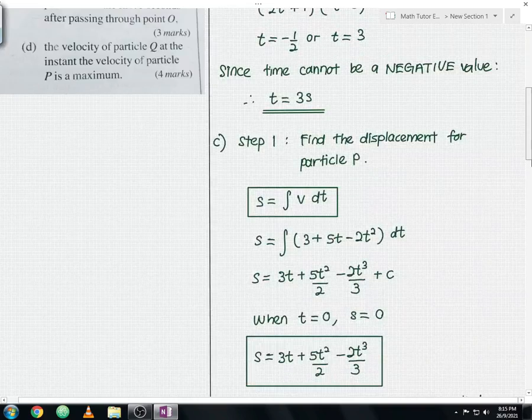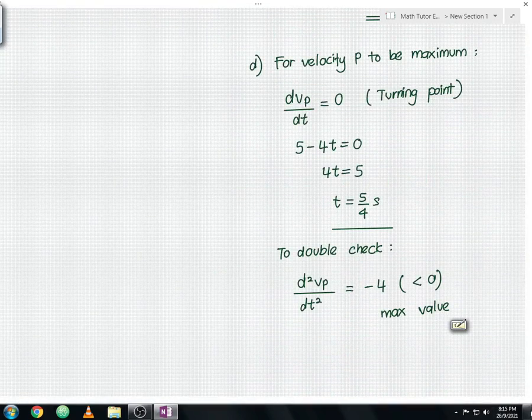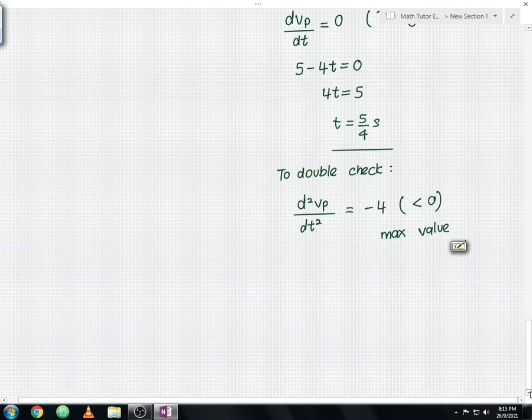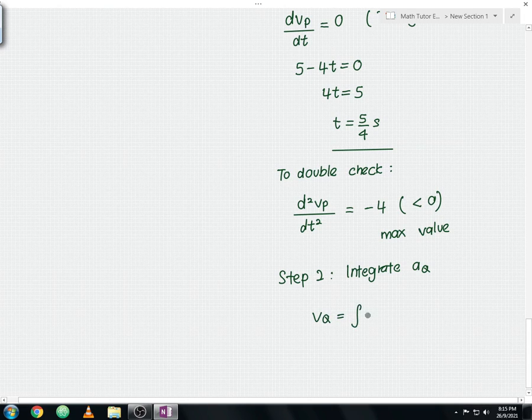So from here, proceed to our step 2. Okay, so step 2, integrate acceleration of particle Q. To find the velocity of particle Q will be equals to the integration of acceleration of particle Q with respect to time.